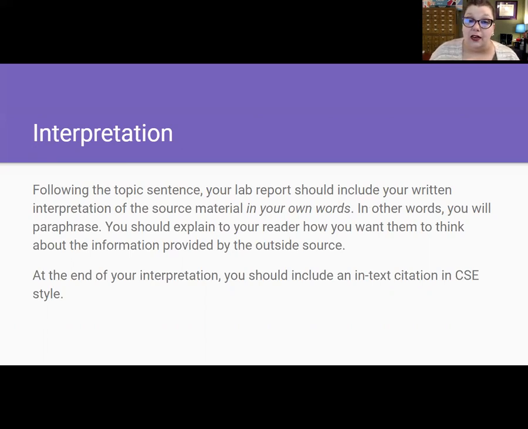And of course, at the end of your interpretation, you must include an in-text citation in whatever citation style you're using. In the case of Bio 150 lab reports, you'll be using CSC style. It's important to know that even though this information is phrased in your own words to demonstrate your own understanding of the outside source material, these are not your ideas. So you have to cite them appropriately.